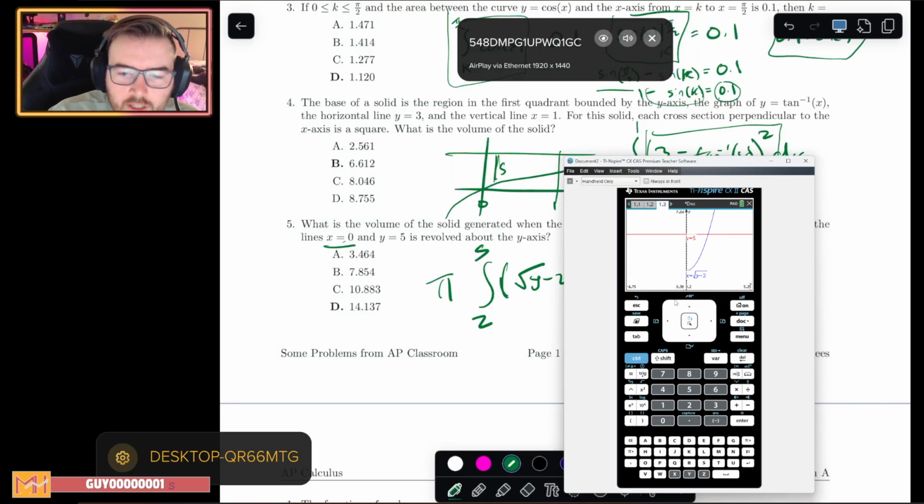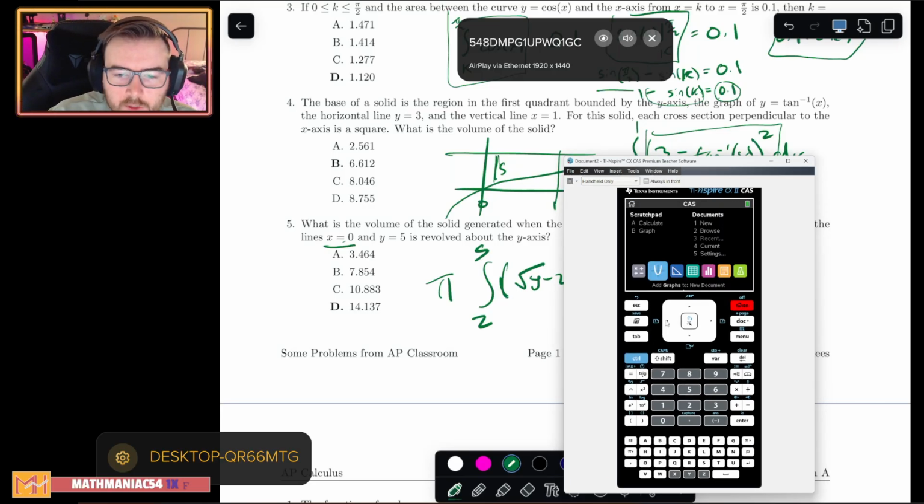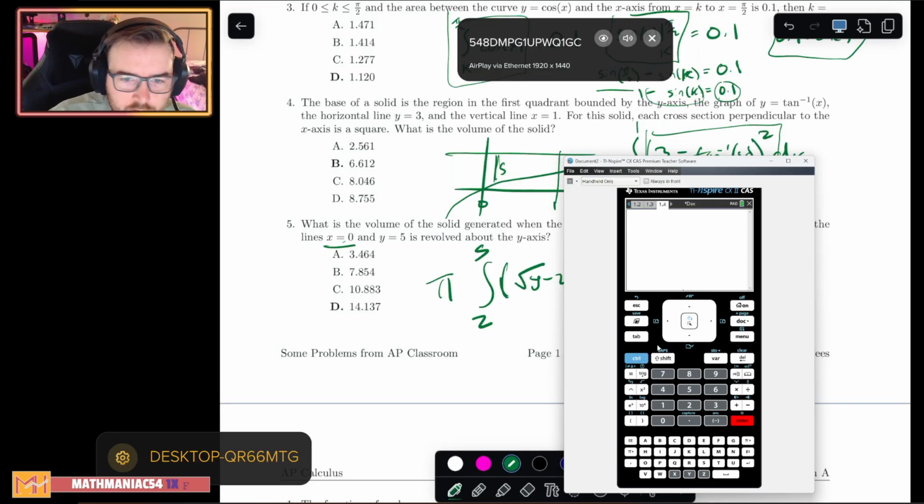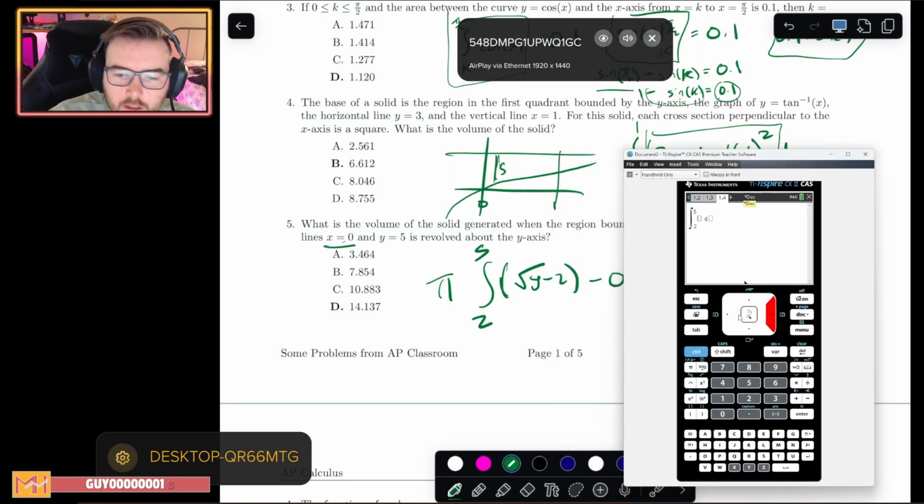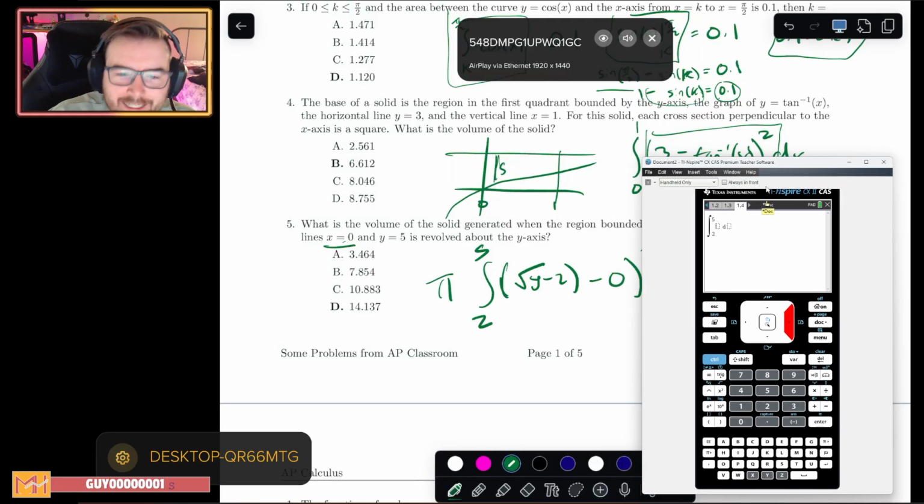All right, so now if we plug that in, you probably don't need to see it plugged in at this point. You probably just trust the decimal that's on the page, but we'll plug in something to our calculator one final time. I don't really need to do the minus 0. So I'm just going to do square root of y minus 2, and then squared, which is really just getting rid of the radical. I forgot the pi at the beginning.